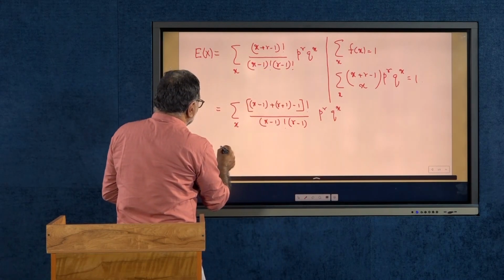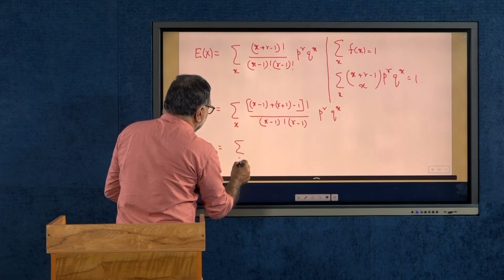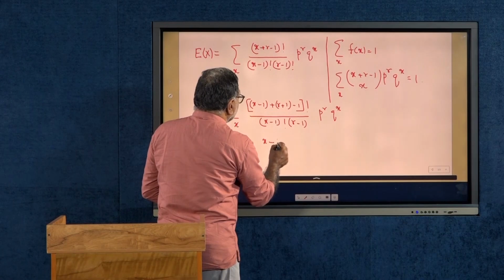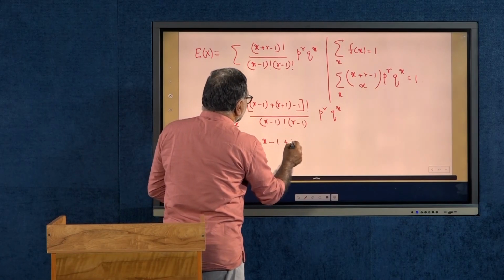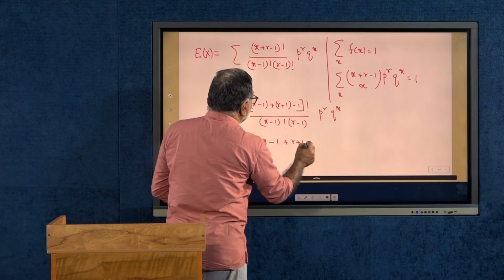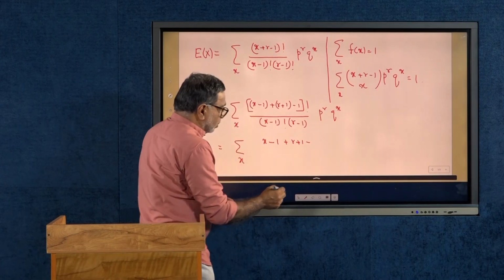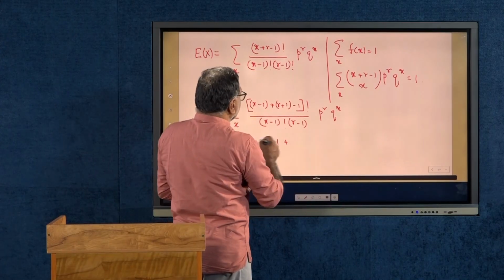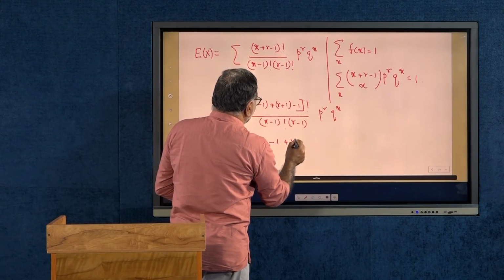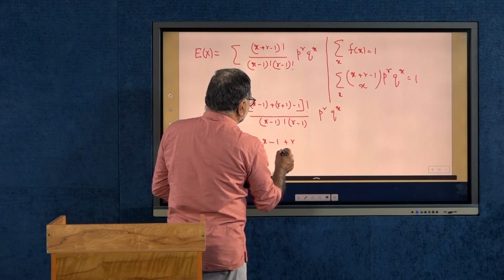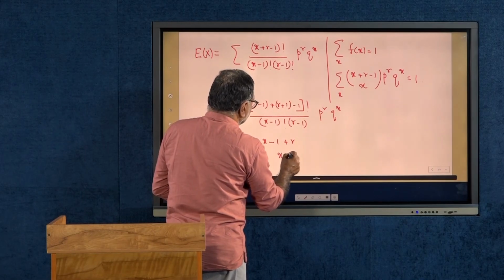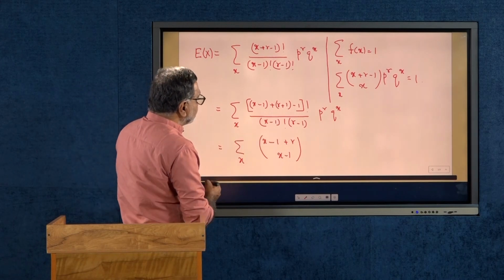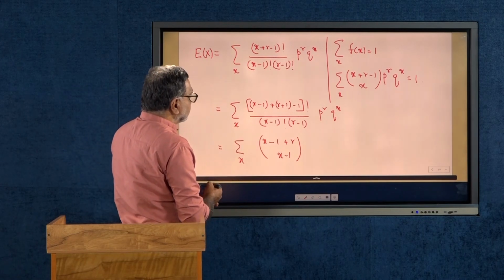And this is equal to sigma over x, x minus 1 plus r plus 1 minus 1, that is, x minus 1 plus r c x minus 1.